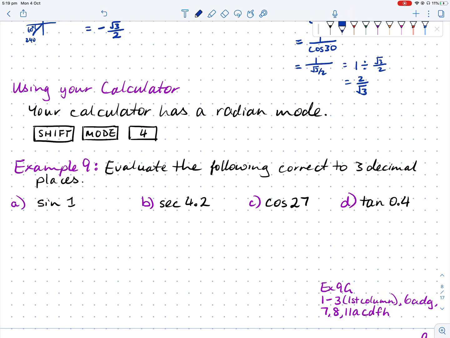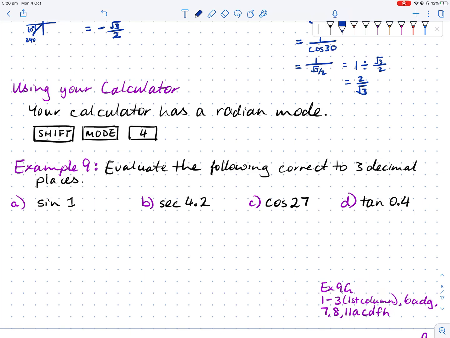If you look at the top line of your calculator, there's a D. But you could also have an R and a G. So D is for degrees, R is for radians. So you need to make sure that your calculator is in the correct mode when you're working with trigonometry. If you're in the wrong mode, you will get these questions wrong and you will lose marks for them as well.